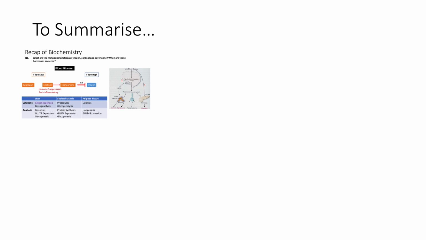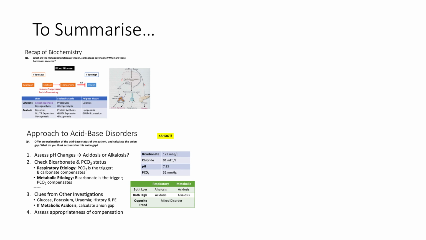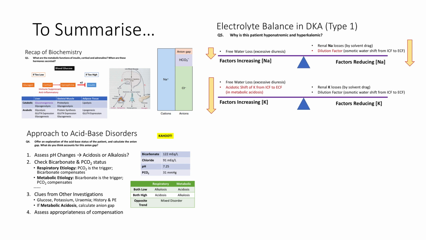today the key takeaways I want you to have: firstly, catabolic versus anabolic. Classify your hormones based on that, and learn the regulatory signaling and its effects based on those two pathways. Secondly, we learned the approach to acid-base disorders, and we also learned the anion gap. Anion gap is only useful in metabolic acidosis because it helps to differentiate the cause of acidosis.